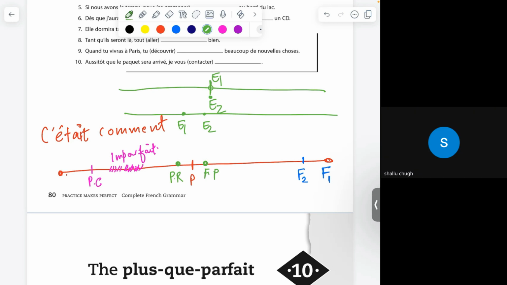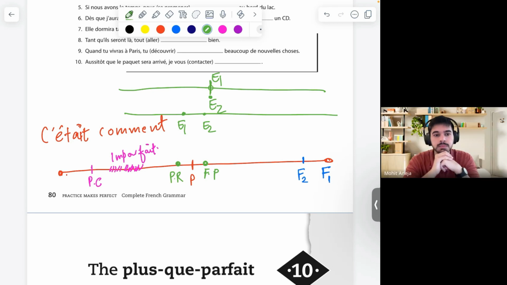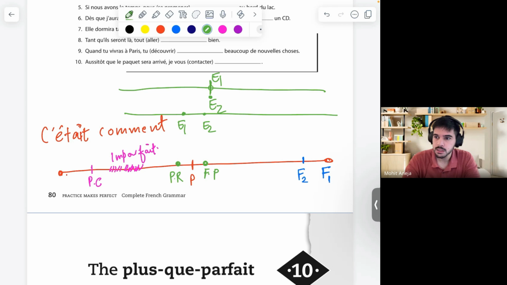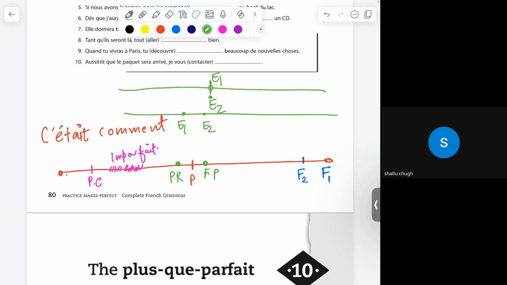The sentence we discussed: he had already done his homework before the teacher asked for it. Are you understanding that there are two events, E1 and E2, which are happening? One is before, and the other one is after. Both of them are not occurring simultaneously.